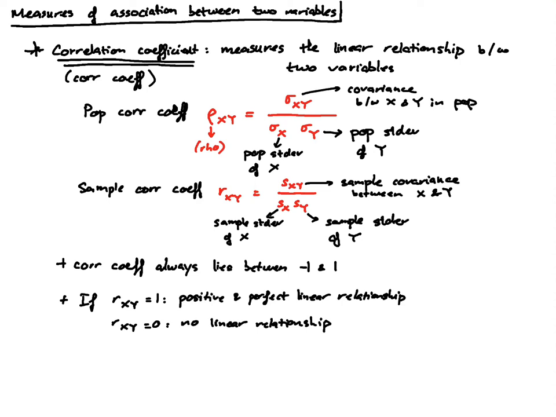If it is -1, then there is a negative and perfect linear relationship. So if Rxy is equal to -1, then the relationship is negative and perfectly linear.